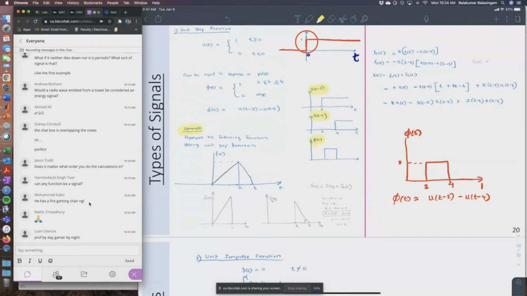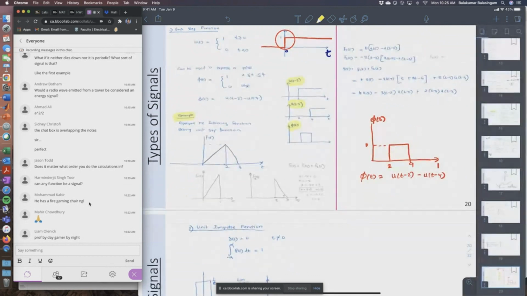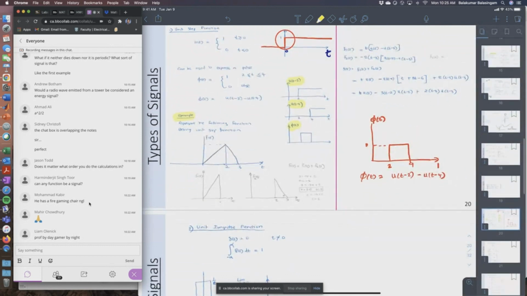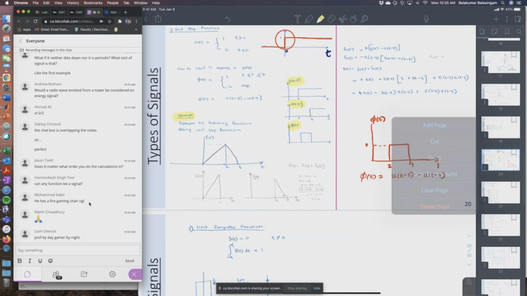Now look at another example. Look at another signal that I am showing there, that triangular signal just goes up in a ramp, stops at t equal to 2, and then comes back to 0 at t equal to 3. How can we define this function using the unit step function only? Let's add a page here.